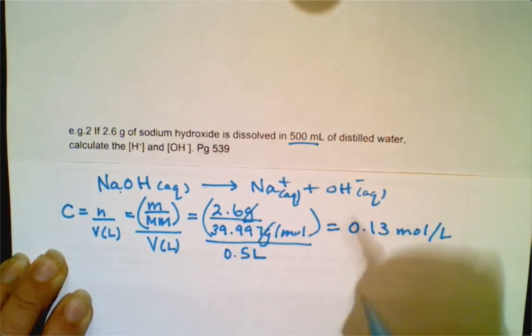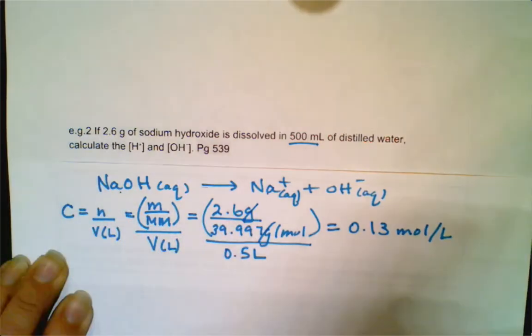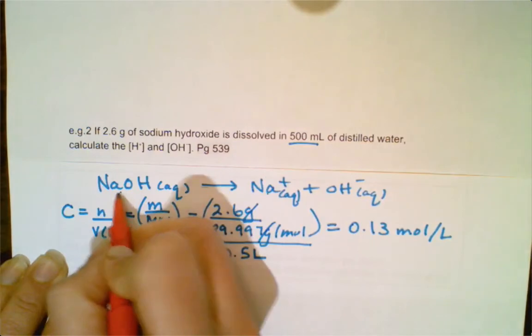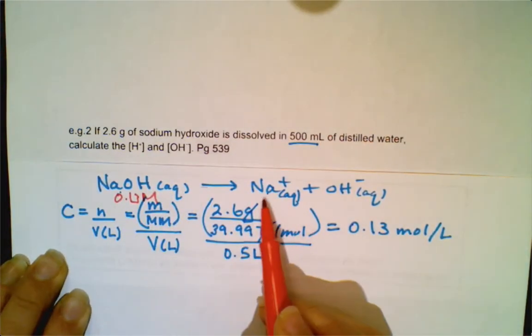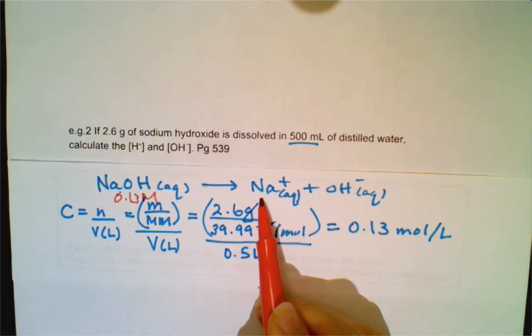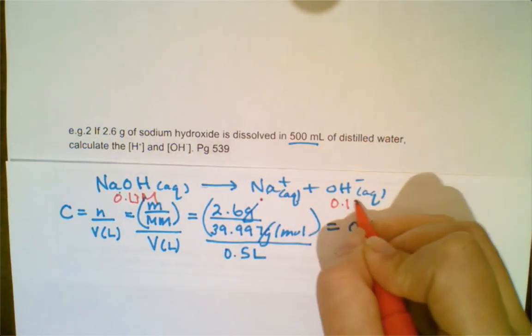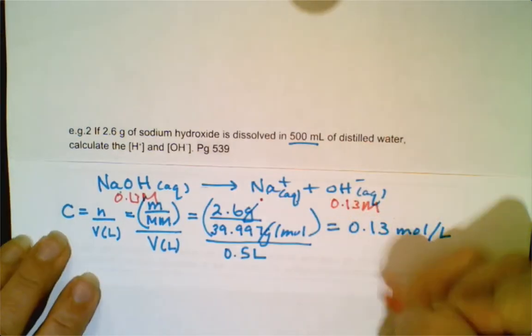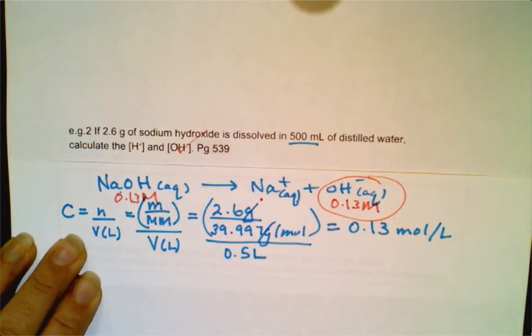Grams cancel out. So what we've just solved for is the concentration of NaOH, 0.13 moles per liter. That means the concentration of the sodium ion is also 0.13, and the concentration of hydroxide is 0.13 moles per liter. So we have done the hydroxide ion concentration.